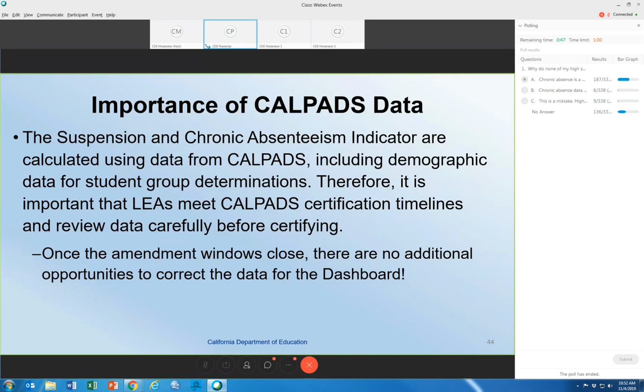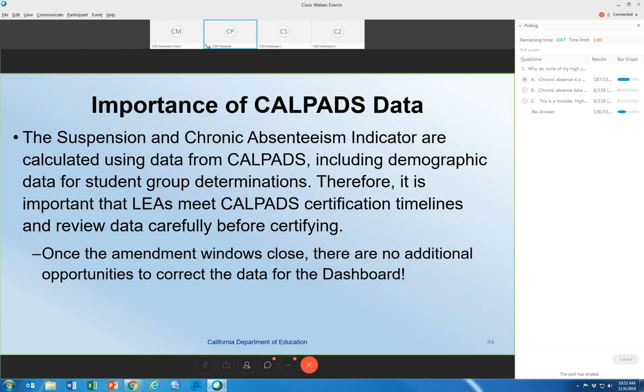It's really important that LEAs meet the CALPADS certification timelines and that you review your data before certifying. We got several phone calls after the certification timeline, after September 6th, indicating that districts had made some errors in the data that they submitted.